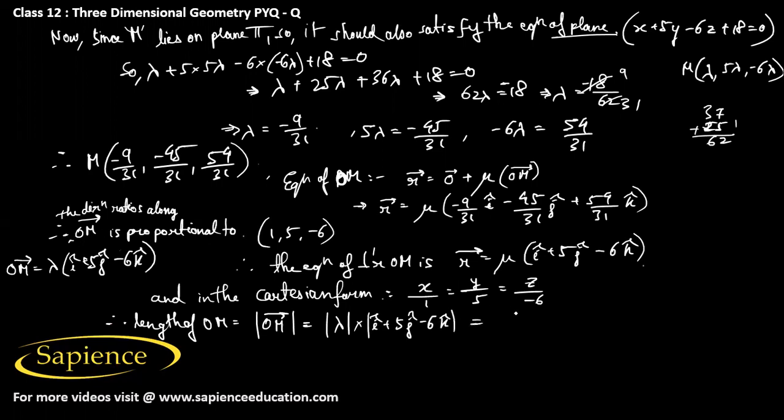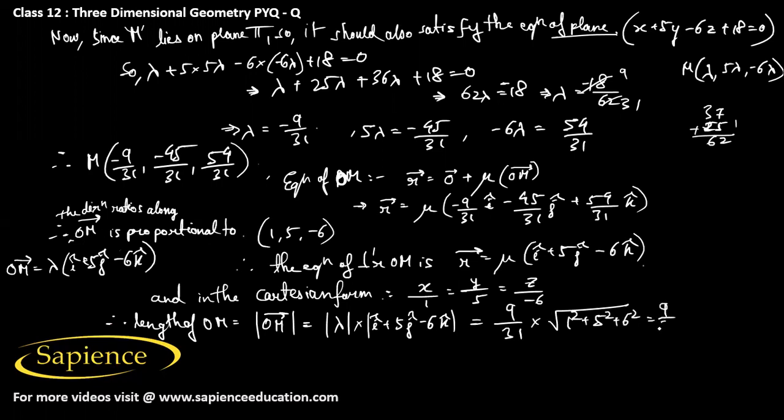Mod of lambda is 9 by 31, and the magnitude of this vector is the square root of 1 plus 5 square plus 6 square.